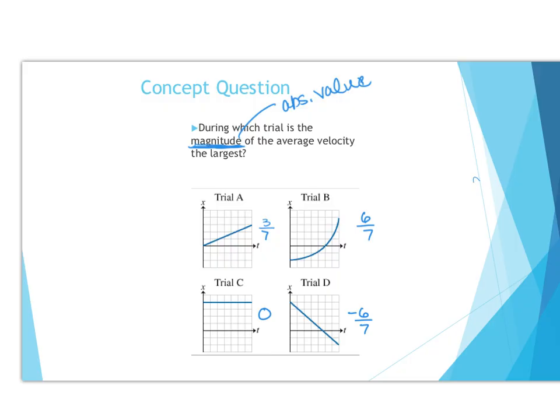But then when we're answering the question and it wants to know which trial has the largest magnitude of average velocity, both B and D answer the question because when we're considering the magnitude, we don't worry about the negative sign, and both of these have a magnitude of the average velocity of 6/7.